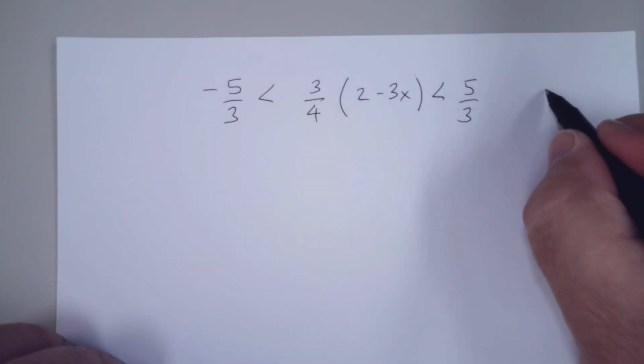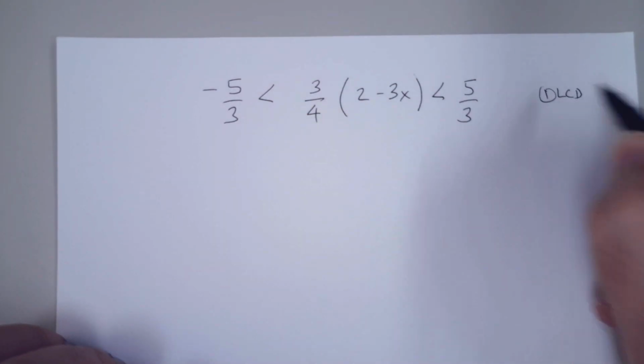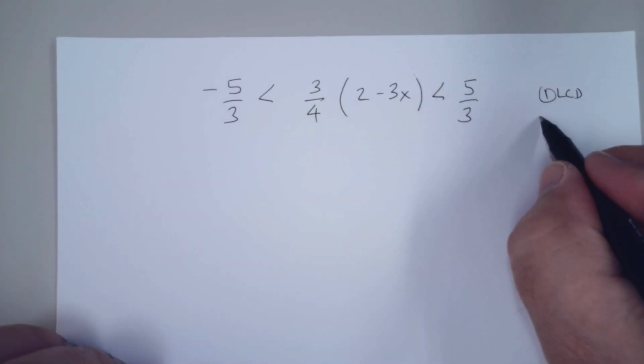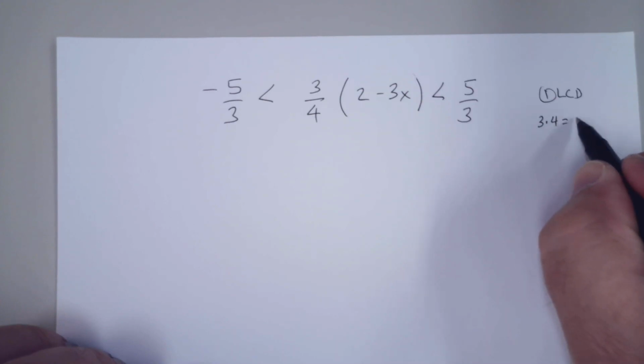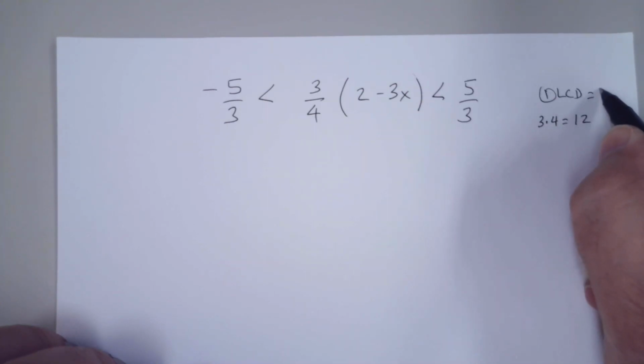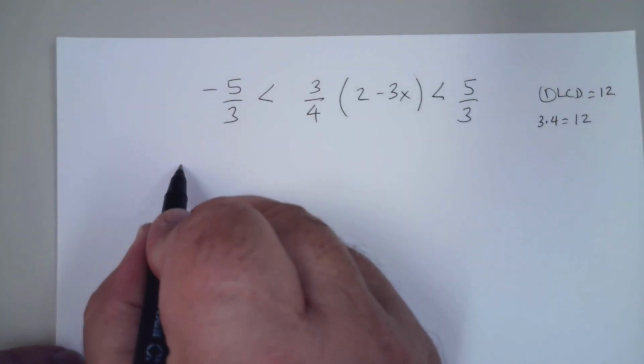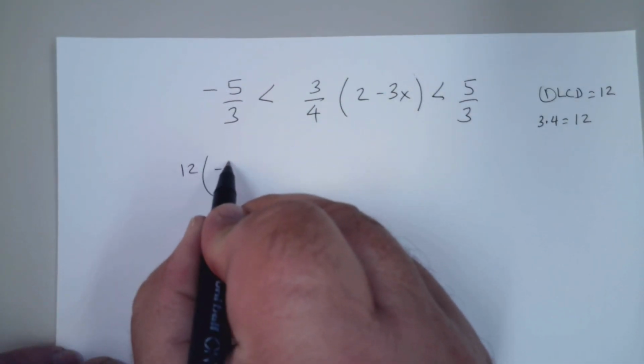Anyway, fractions and equal signs, so we have to find the LCD. Since the only bottom numbers we have are 3 and 4, the LCD, multiply together, we get 12. So put 12 in front of each of these terms.